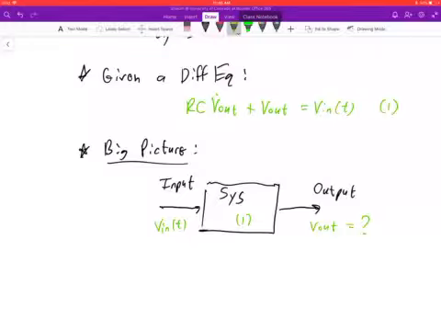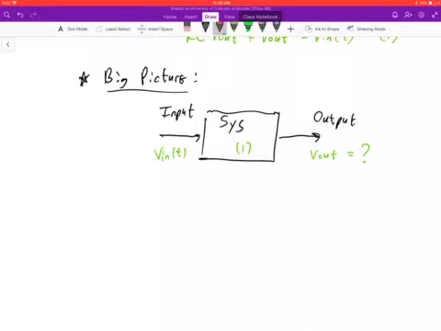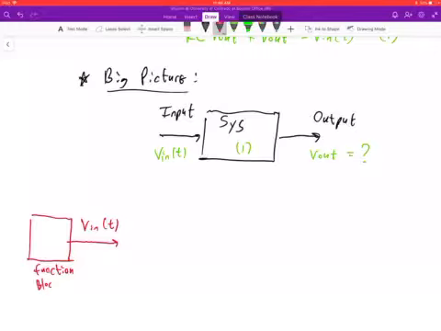Now, in block diagram programming, we're going to try to make it look like this, and I'll do it in red. I'm going to start the block diagram, and this line defines my V in of t, which is defined by some block, like a sine function or a step function or whatever. It's my function block that you're going to find in the Simulink library.